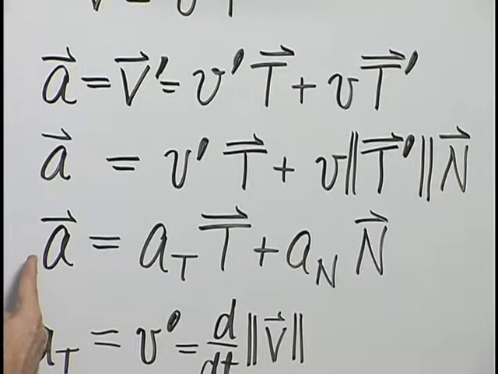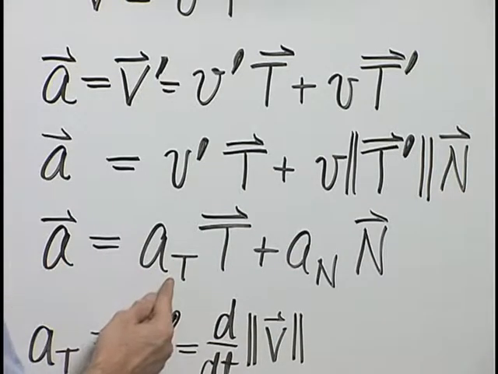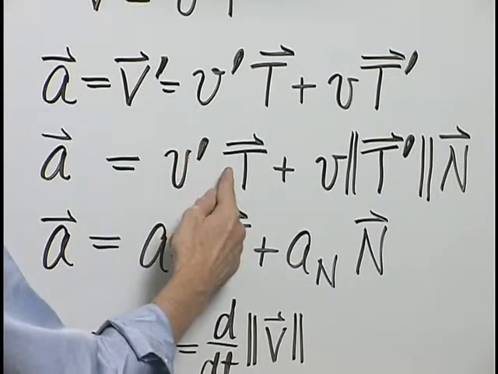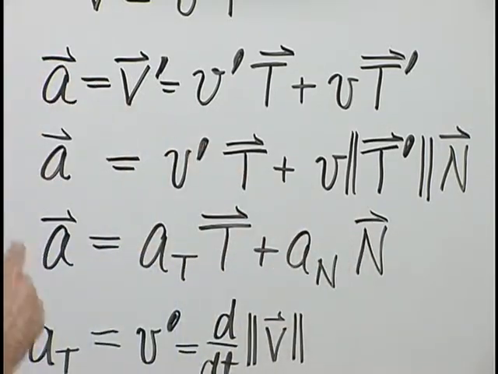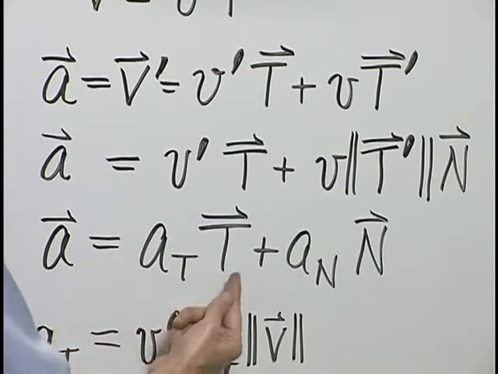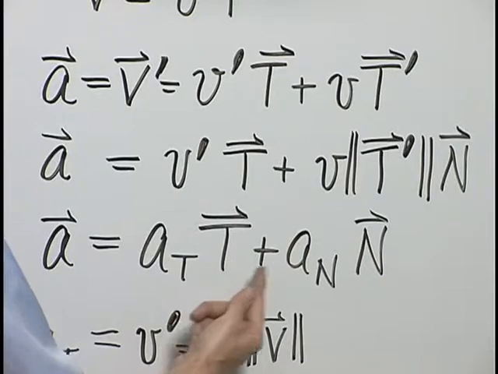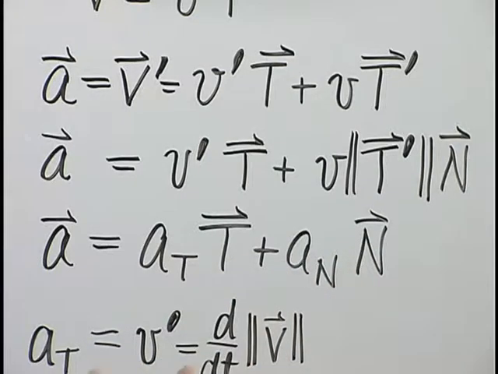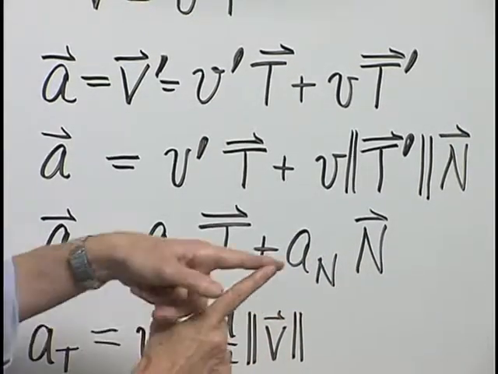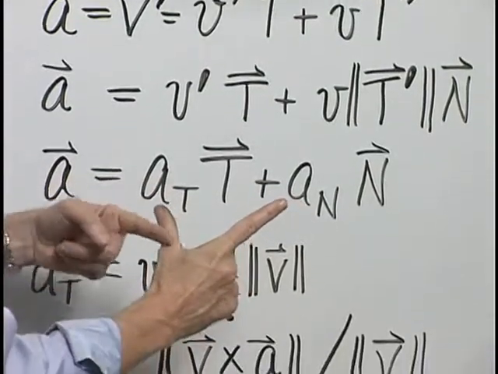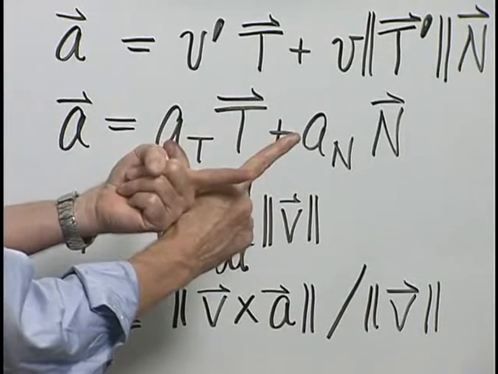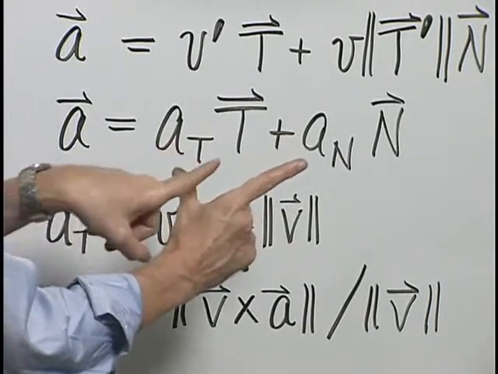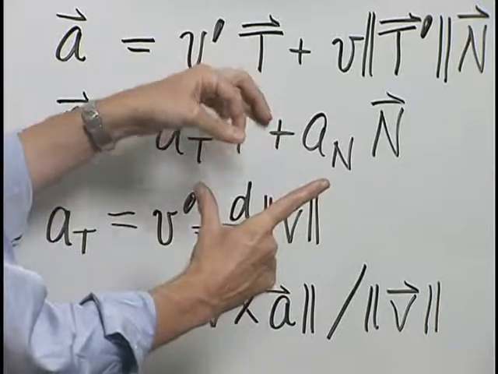And so consequently, writing A subscript t for the coefficient of capital T and A subscript n for the coefficient of capital N, what we see is the acceleration vector lies in the plane determined by T and N. So for instance, if my curve is an arc shown by my hand here, notice at the instant I pass this point right here, the unit tangent vector points that way, but the acceleration would be inwards like this.